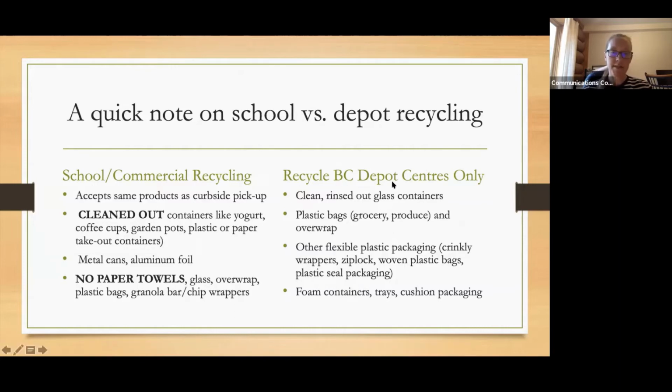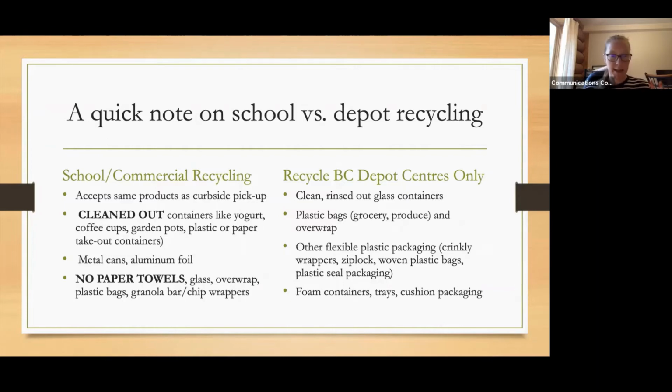So Recycle BC depot centers take glass. So in school recycling, you can't put glass in it. Plastic bags, so things like grocery and produce and overwrap, and then other flexible plastic packaging, so crinkly wrappers, Ziploc, woven plastic bags, and plastic seal packaging.